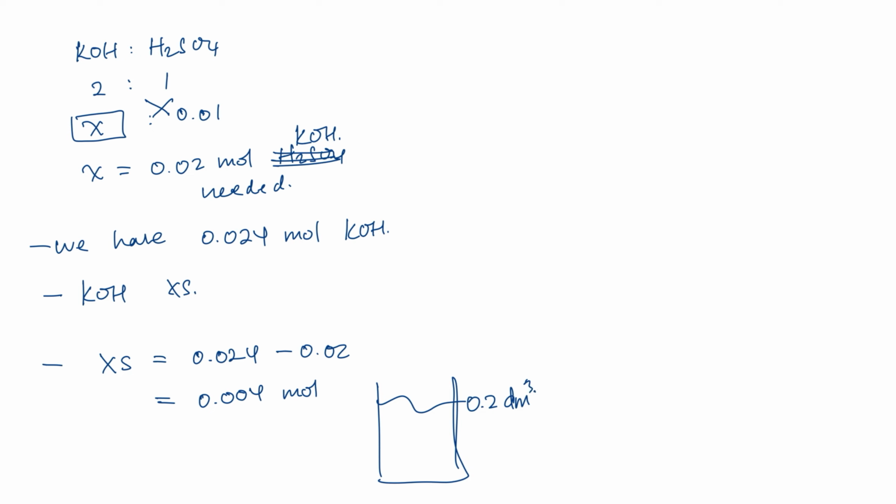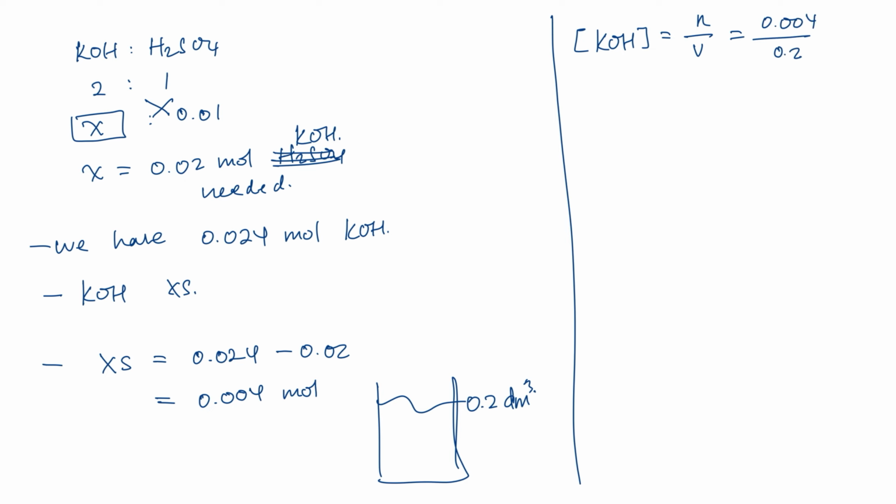So I can calculate the concentration. So the concentration of the KOH is going to equal number of moles divided by volume. The number of moles is 0.004, volume is 0.2, and that gives us 0.02 moles per dm cubed.